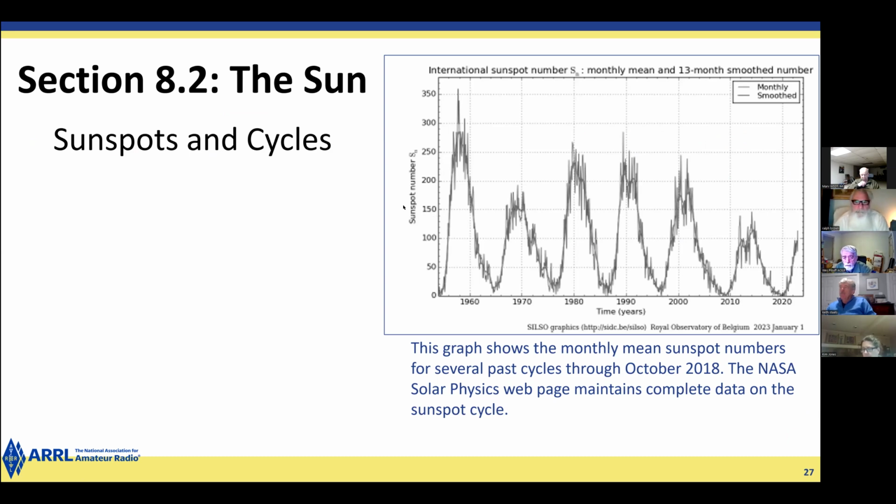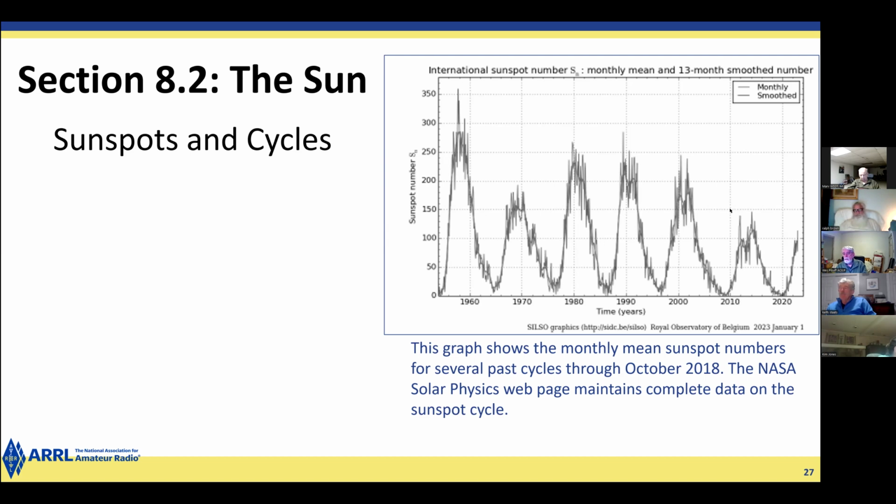Okay. So on the right here is a chart of sunspot cycles since the 1950s. It turns out in the 20th century, the most active sunspot cycle had a peak in 1958, and you can see the sunspot number here was very high.